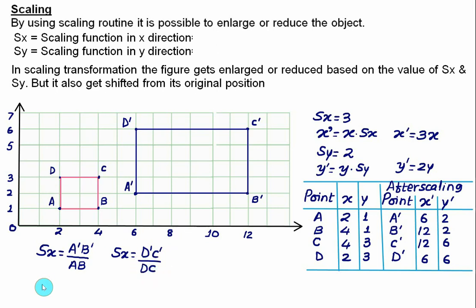And the scaling function along the y direction is Sy, which is equal to D prime A prime divided by the original dimension DA, or Sy is equal to C prime B prime divided by BC. So this is how the scaling functions along the x and y directions are defined.